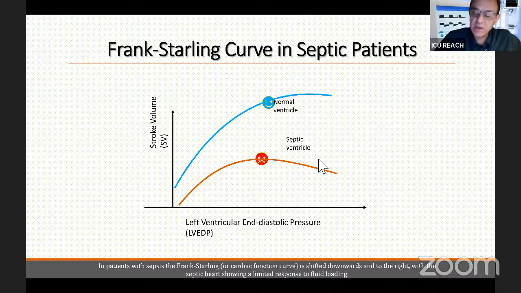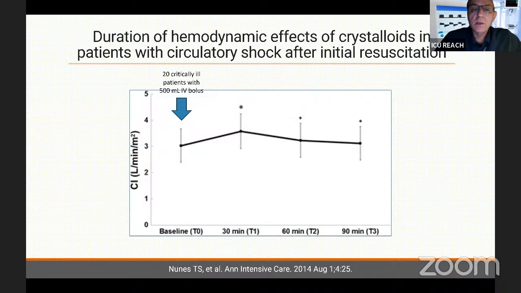Not only that, after giving the bolus of fluid, in a study that included 20 critically ill patients who were given 500 ml of IV bolus, yes, we improved hemodynamics within 30 minutes, but most of those patients, as you see, within 60 to 90 minutes, return back to their baseline hemodynamic status.